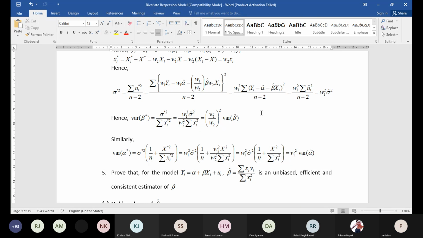One is how the estimates of the coefficients are changing, how the goodness of fit of the estimated model is changing, and what would be the impact on testing of hypothesis. We have seen about the coefficients, how they will change.